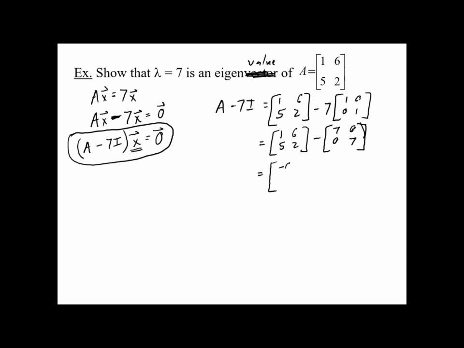So this becomes negative 6, 6, and this will be 5, negative 5. Only the main diagonals change. So basically, subtracting 7I is the same as subtracting 7 from just the main diagonal. So this is the same as solving the equation negative 6, 6, 5, negative 5, augmented with the 0, 0.